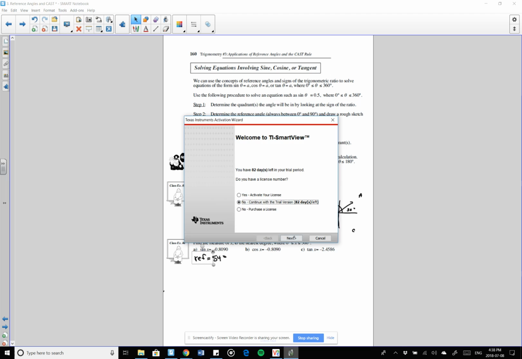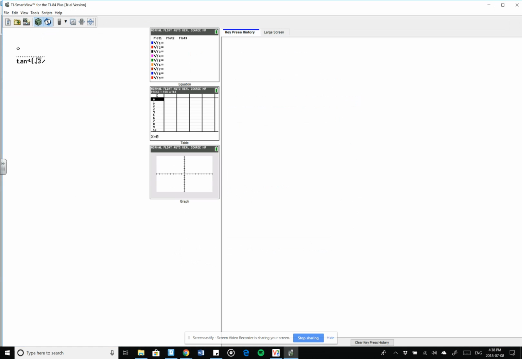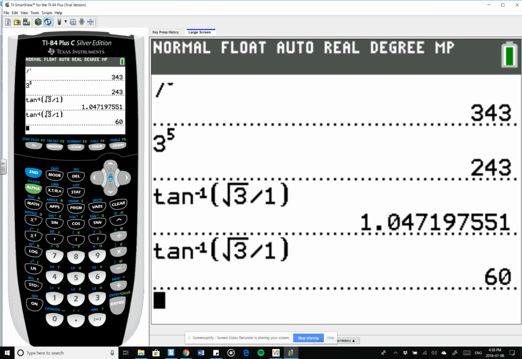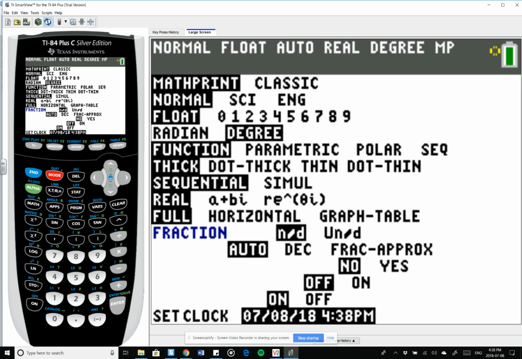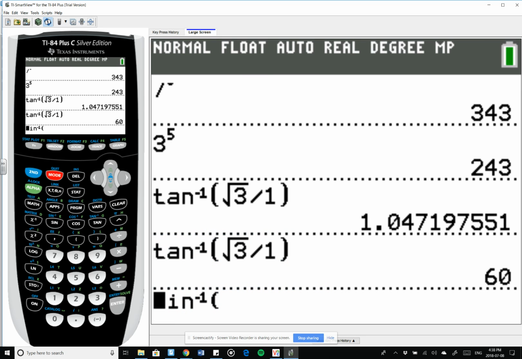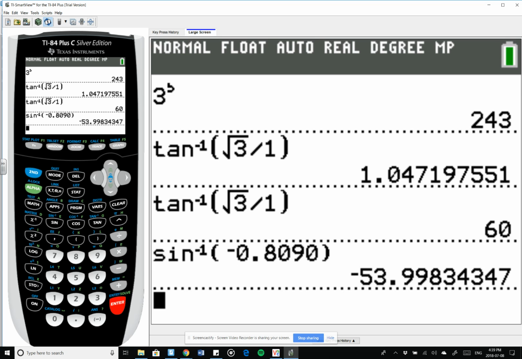So now that my calculator has loaded up, when I go to do this, second sine of negative, and I better make sure I'm in the right mode. Yep, degree mode. Second sine of negative 0.8090 gives us an answer of negative 54.